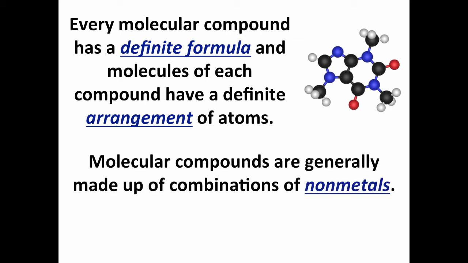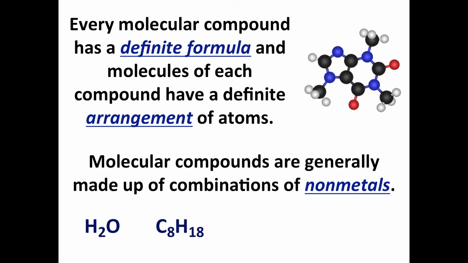One other thing worth mentioning is that molecular compounds are generally made up of combinations of non-metallic elements. We saw previously that ionic compounds are usually made up of a metal and a nonmetal. Molecular compounds are made up of just nonmetals. And there's lots and lots of examples. H2O, water, is made up of hydrogen and oxygen, both nonmetallic.